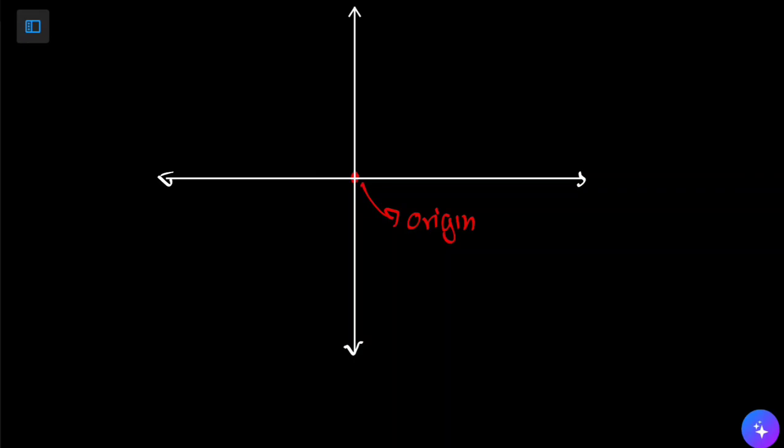And your origin is, as I said, located at the intersection point of your two lines. And usually, your Cartesian plane is divided into four segments.